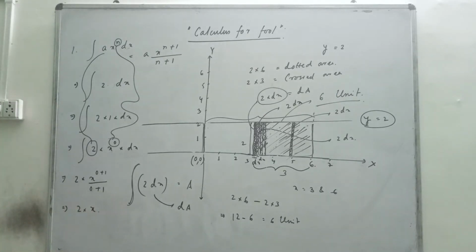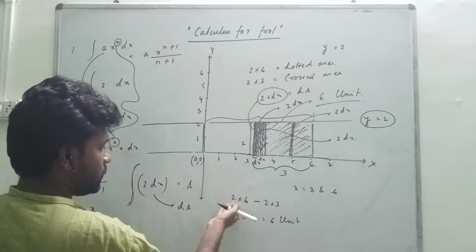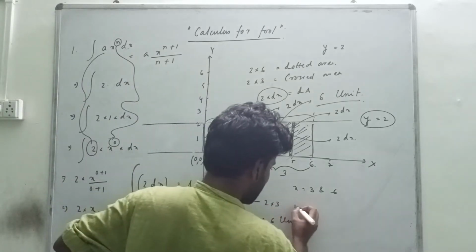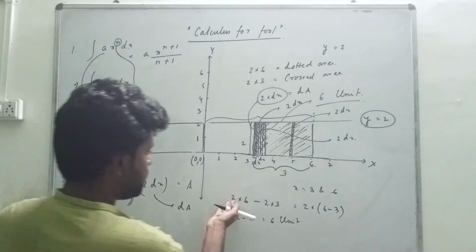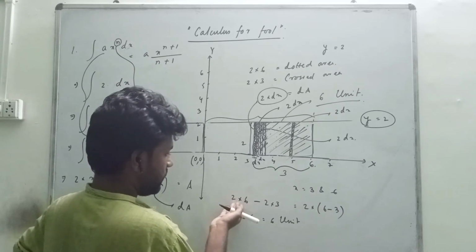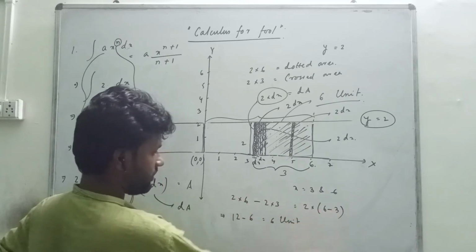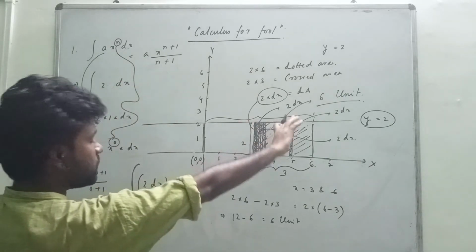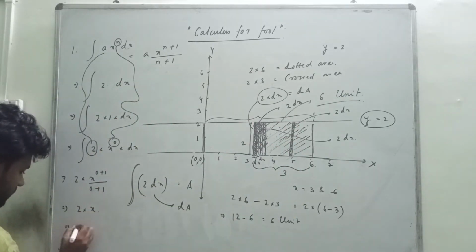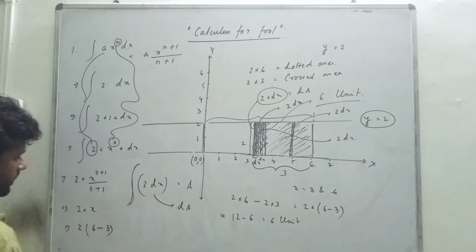And if you calculate 2 into 6 minus 2 into 3, that means 2 is the common factor, so you get 2 into 6 minus 3. So 2 into x means 6 minus 3, right?